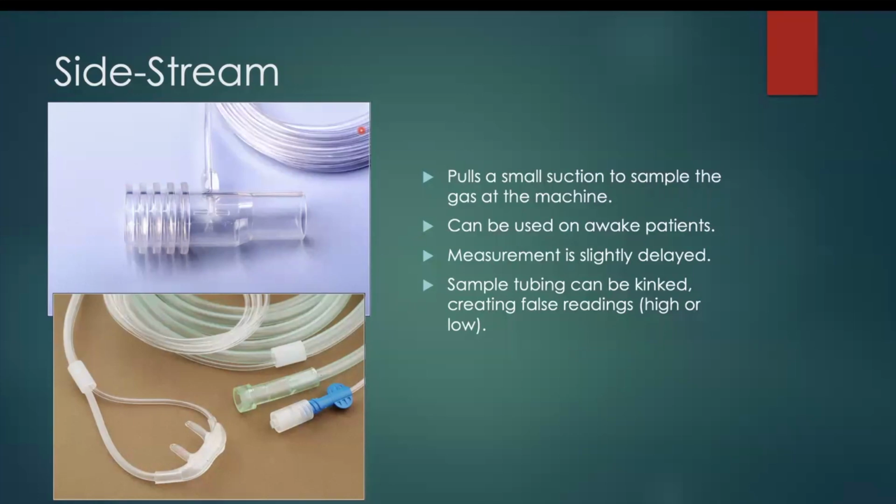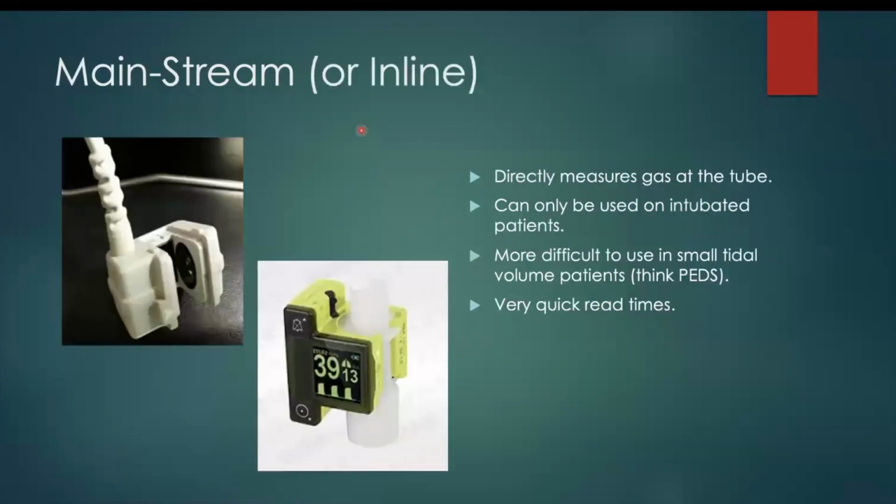You drop one of those and you're out $3,000 just to get a new sensor and cabling. Whereas by having side stream, the detector itself is actually housed back within the monitor, and a small suction is applied to the tubing that sucks a little bit of the air out of that column of gas and sends it all the way back to the sensor where it does its actual detecting.